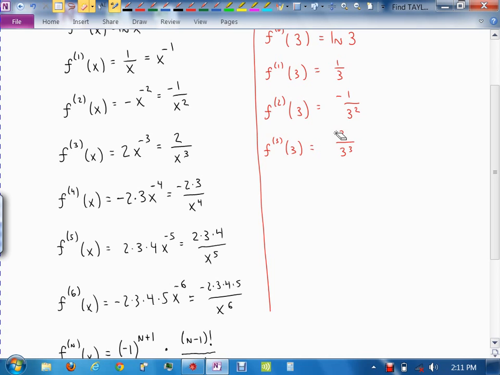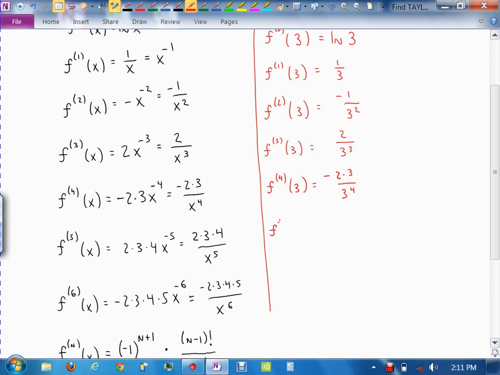What's the next one? Fourth derivative at 3 would be negative 2 times 3 over 3 to the fourth. Yes, I agree, you could cancel 3, but we're trying to get a pattern here.